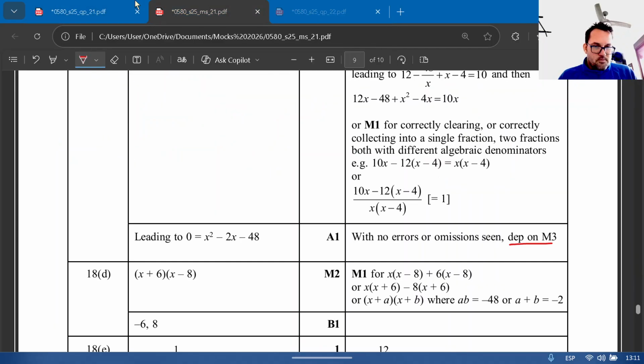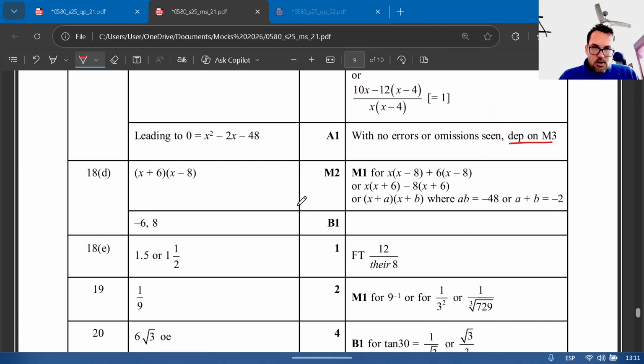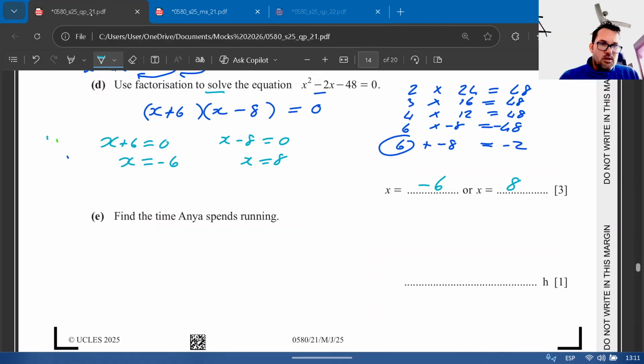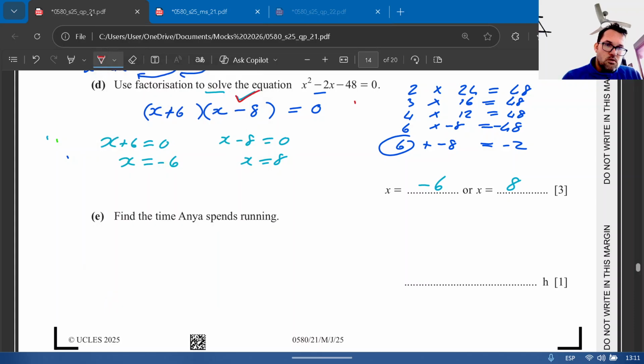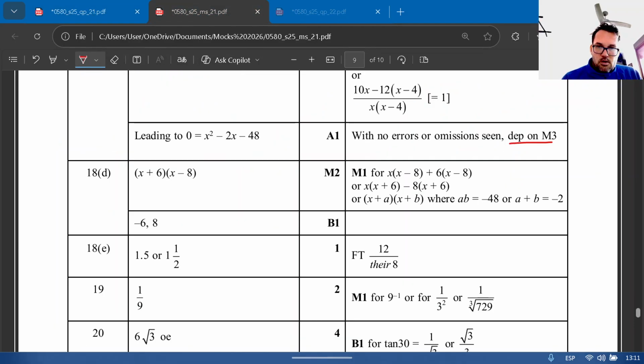Mark scheme. There are other methods of doing this, of course. Long story short, if you swap the signs around, you get 1 mark. So if you had minus 6 plus 8, for example, you can get one mark. That's partial factorization.